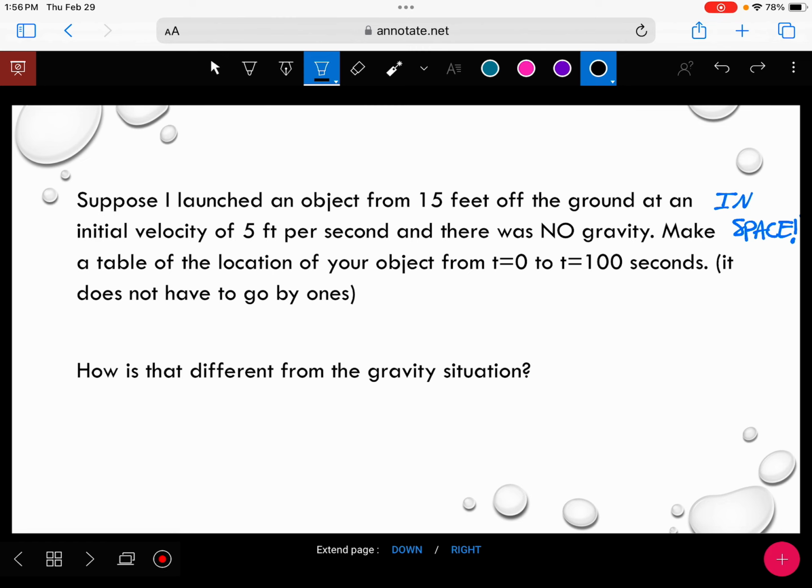How far is our ball going to be after 100 seconds? See if we can figure that out. There's no gravity, so we're not using the x squared. And there's a couple of different ways you can approach it.